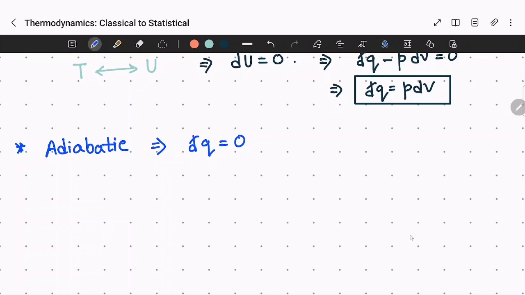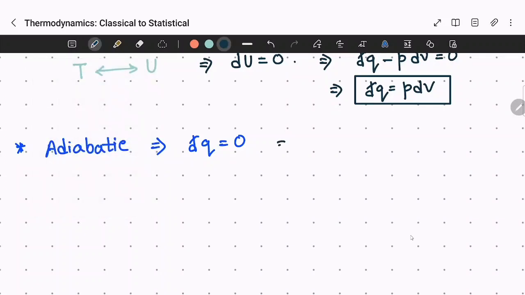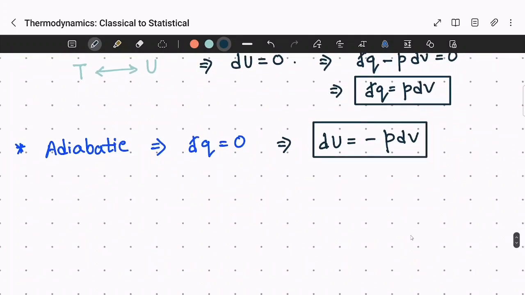It's trivial. So if d cross Q is 0, then essentially we can write that dU equals minus p dV. So this is the reduced first law for our adiabatic case.